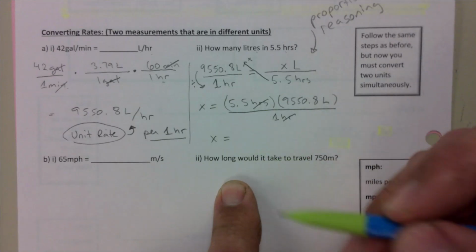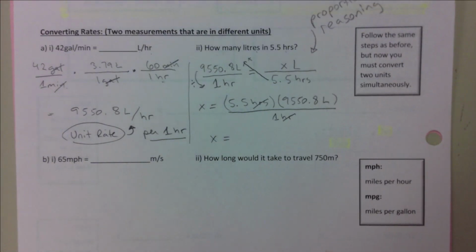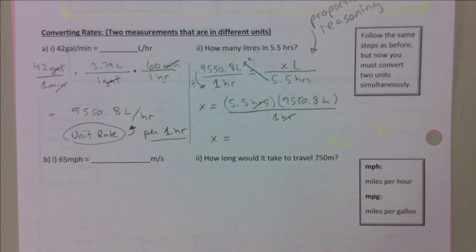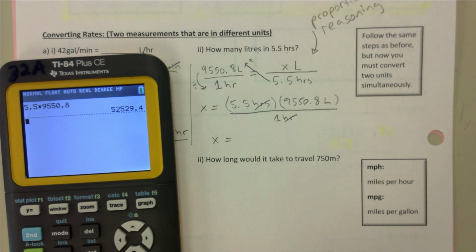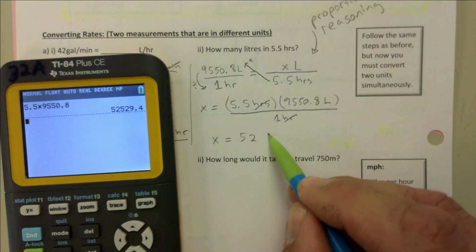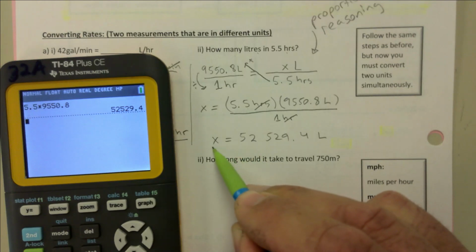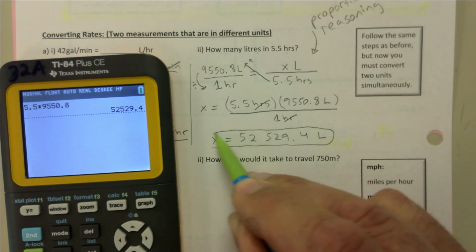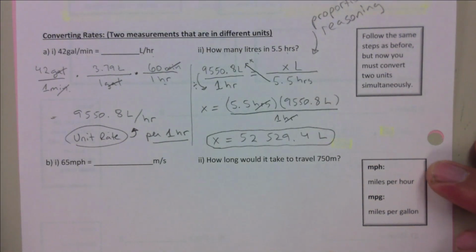So you can grab your calculator, you go 5.5, let's just do it so that we're practicing how to use this thing, right? I'm going to clear my home screen for now. 5.5 times 9550.8, and I get 52,529.4 liters. Final answers are rounded to 2 decimals unless otherwise indicated.